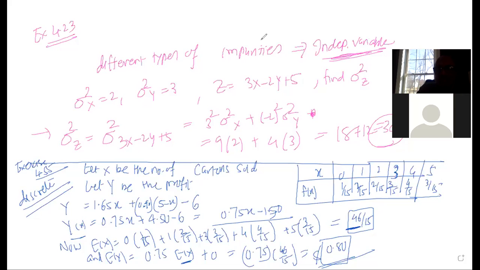Let me clear the drawing, then I can go for example number 5.58. First I can take example 5.57 for you.